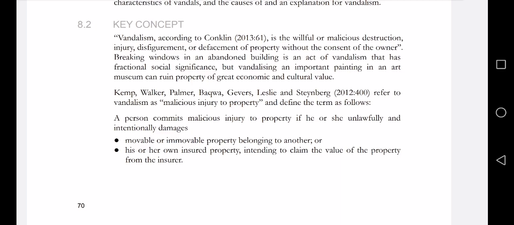Breaking windows in an abandoned building is an act of vandalism that has fractional social significance, but vandalizing an important painting in an art museum can ruin property of great economic and cultural value.